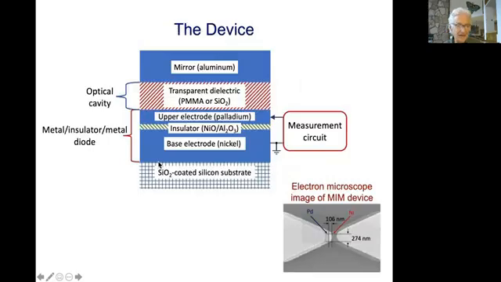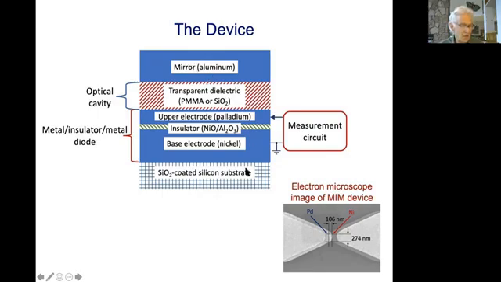So the actual device that we built is depicted here. So this is our metal insulator metal device using nickel, palladium, and a transparent dielectric. It's too hard to make this out of vacuum, so we use either a polymer or a glass as our transparent material, and then coated with a mirror.